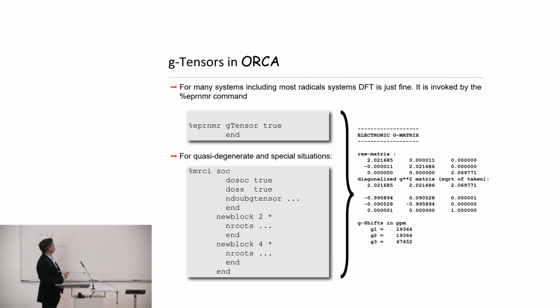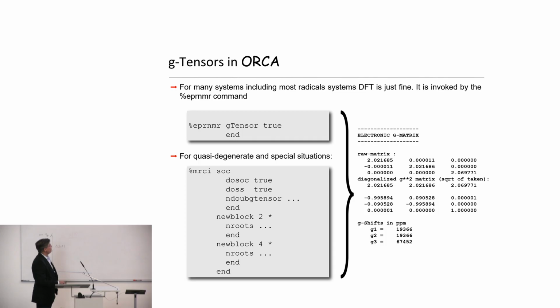You have to tell the program what terms to include in the QDPT: so do SOC, that is including the spin-orbit coupling, do SS, that is including the electron spin-spin coupling, which is a contribution to the zero field splitting. Then you have to tell it how many doublets you want to have the G-tensor for, so NDoubGTensor, that is the number of Kramers doublets that you want to calculate the G-tensor for. And then you have to tell the program what multiplicities you want to include and how many roots in each multiplicity for the QDPT treatment.